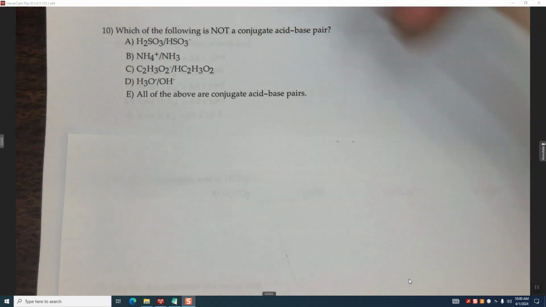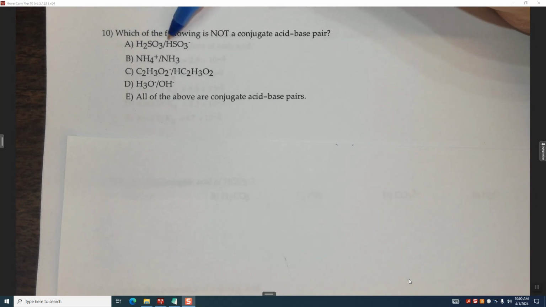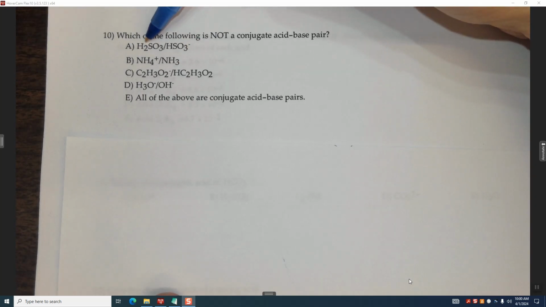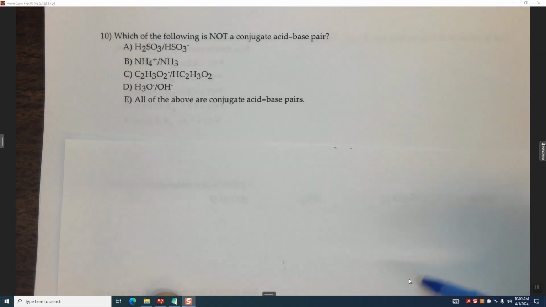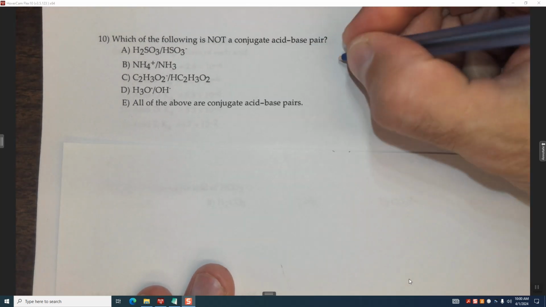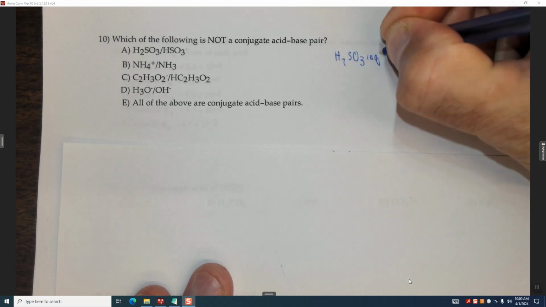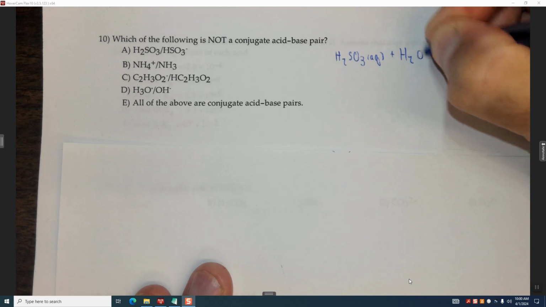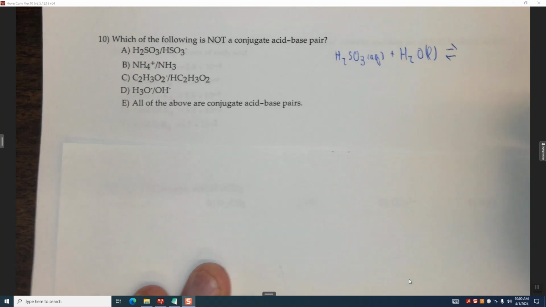All right, number 10 says, which of the following is not a conjugate acid-base pair? So we have H2O, H2SO3, and we have HSO3 minus. If we were to take an example of H2SO3 aqueous and add it to H2O liquid, this would be an equilibrium.